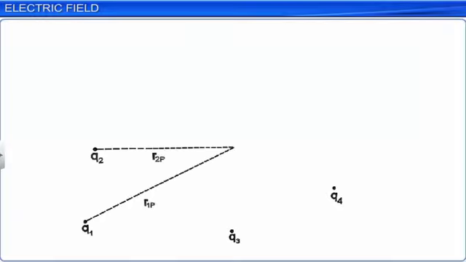Consider a region consisting of point charges Q1, Q2, Q3, Q4, and so on in air, or a vacuum with position vectors r1, r2, r3, and so on relative to the origin O. Let P be a point in this region.